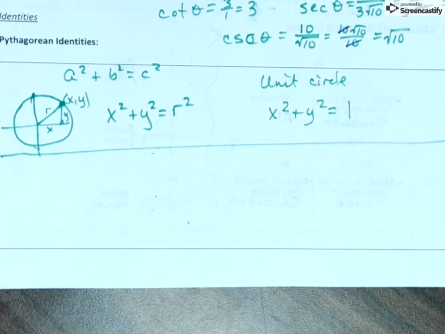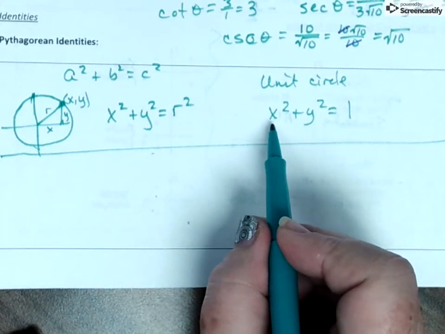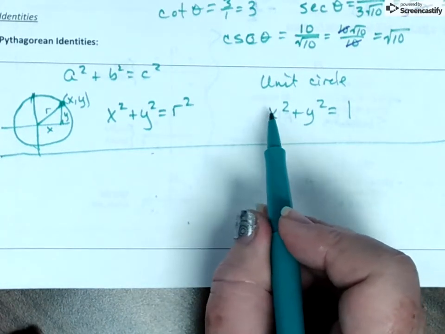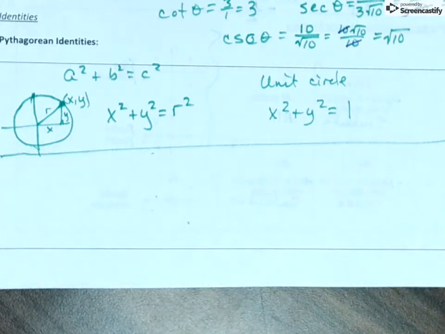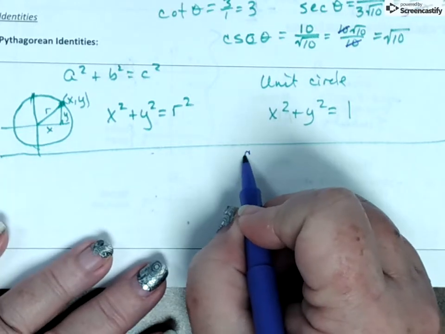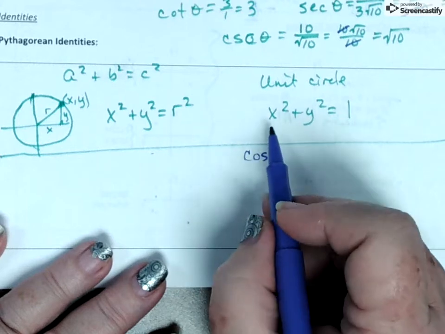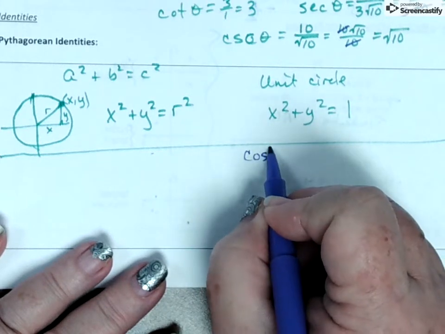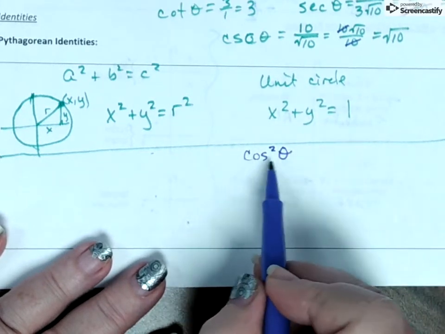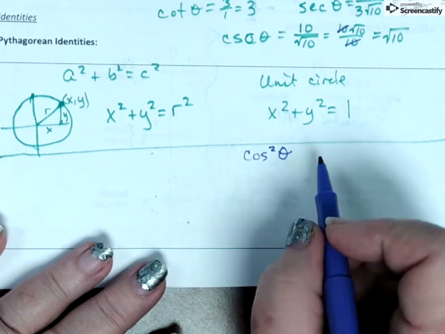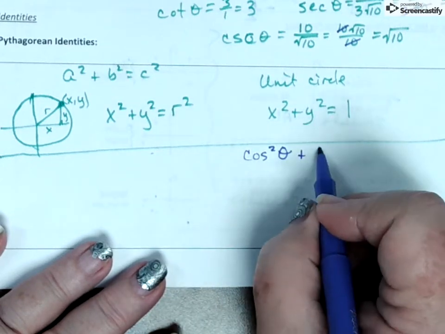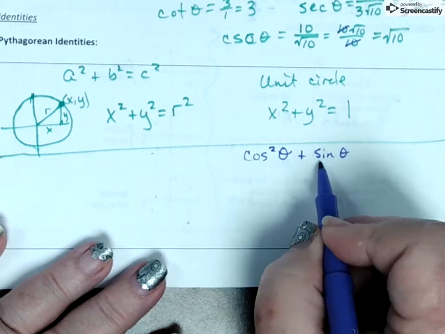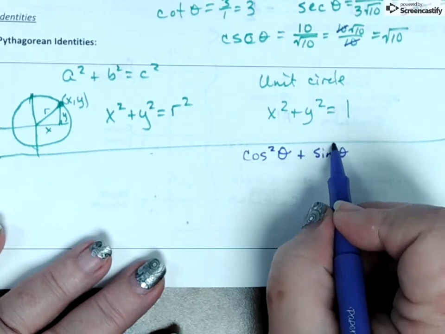Well, there's one more thing we have to remember. On a unit circle, what value was found in x? In x, we could find cosine of theta. Cosine of theta equals x, so cosine squared theta is the same thing as x squared. And in y, we could find sine of theta, so sine squared theta is equal to y squared.